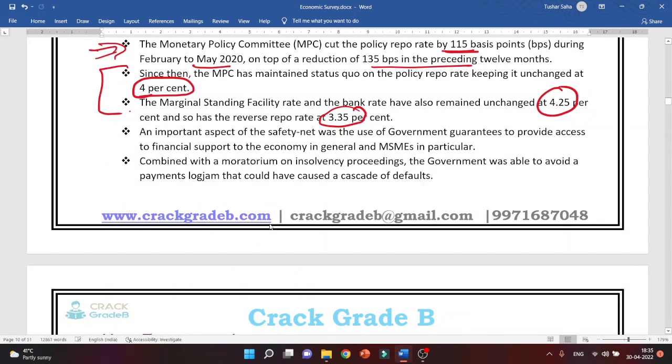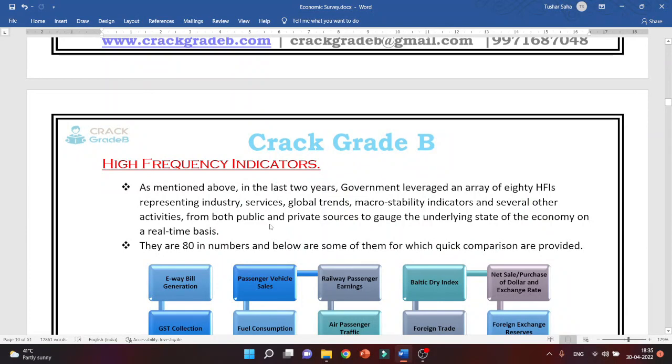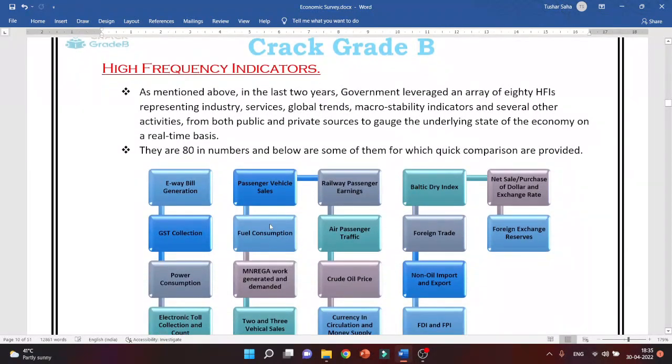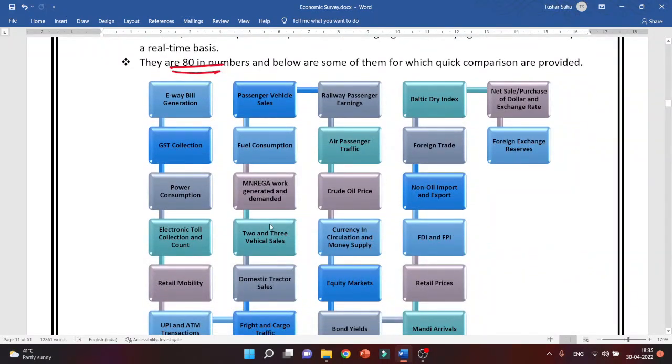So let's now move forward and see high frequency indicators. You remember when we were learning about Agile Response, there are 18 numbers, right? But these are a few to be listed.